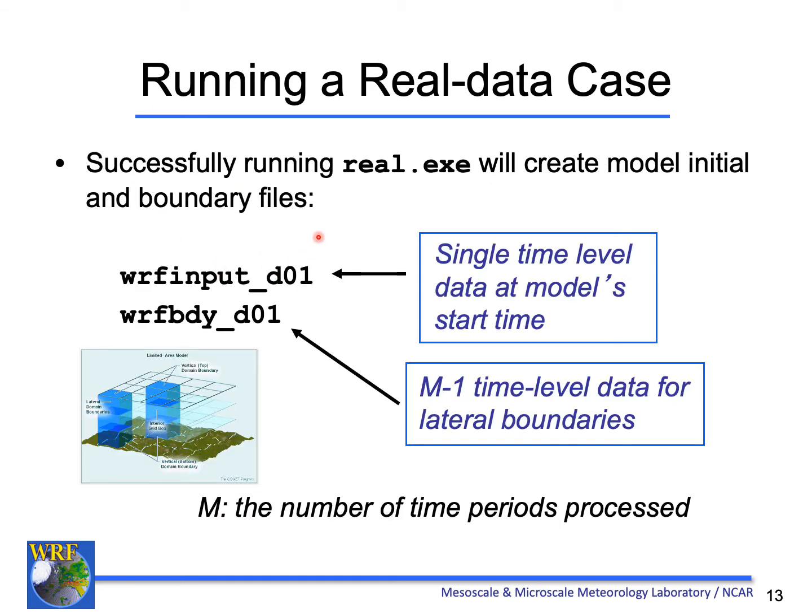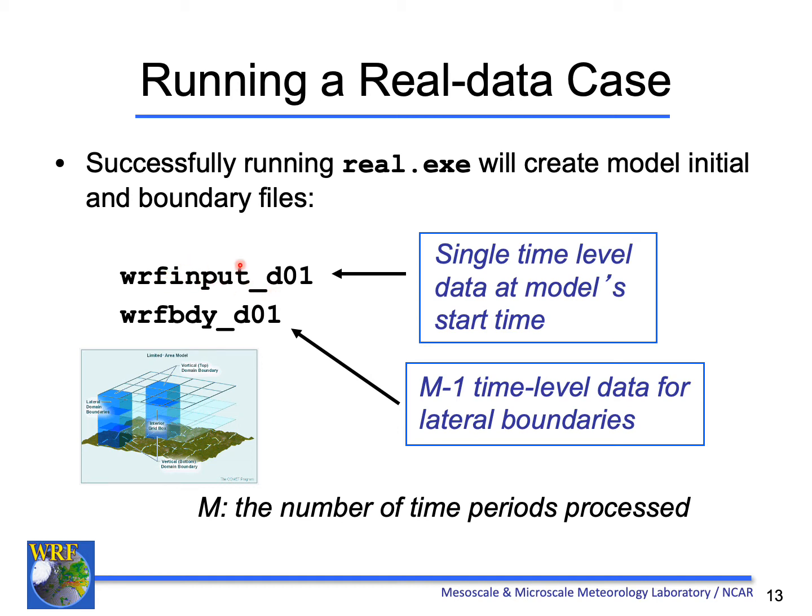If it is successful, running real.exe should produce two output files, wrfinput_d01 and wrfbdy_d01. The first part of the file names tells us the type of data the file contains, and it has its domain association in the file names too.